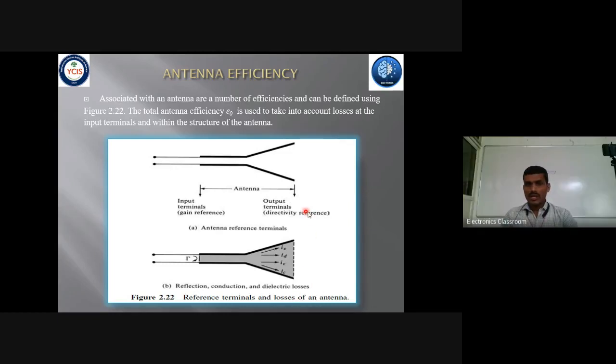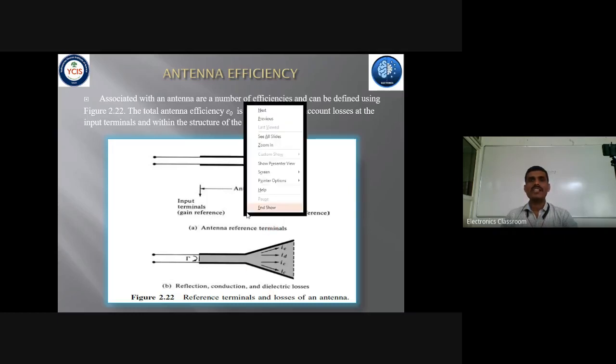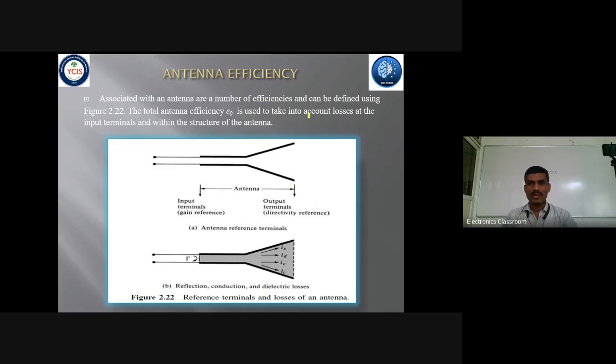Now, efficiency is also known as losses. When we calculate the efficiency, we must consider all types of losses. Those losses may be from the input terminal to the output terminal.